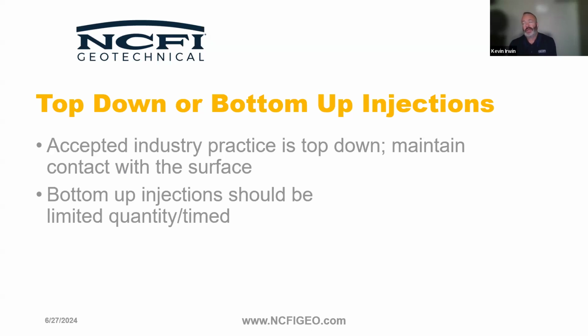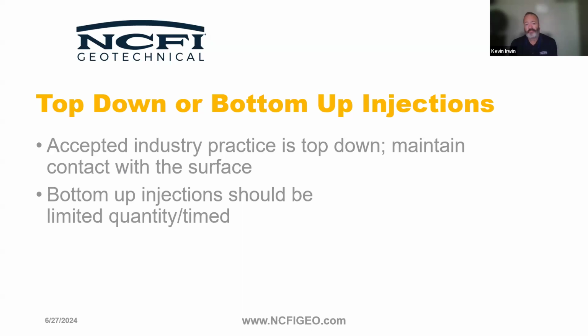Now, bottom up injections are very common with a single component type application, and it's also common with deep injection with dual component chemicals. However, because of the expansive nature of the dual component chemical, it is best to limit those injections.